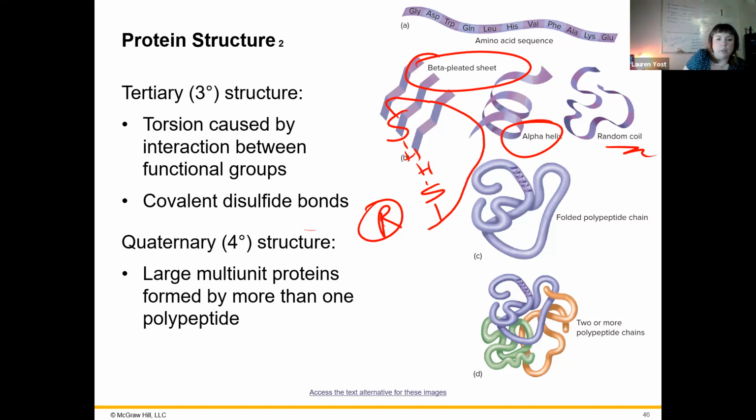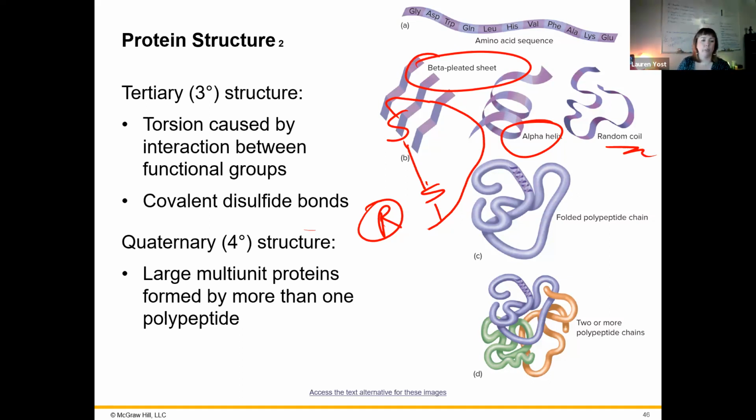A disulfide bond is whenever these sulfurs bond to one another covalently, actually sharing their electrons with one another. So that's what's going on there. That's the tertiary structure, a bigger association on a larger scale, of these molecular interactions based on polarity, non-polar regions, and other aspects of these proteins.